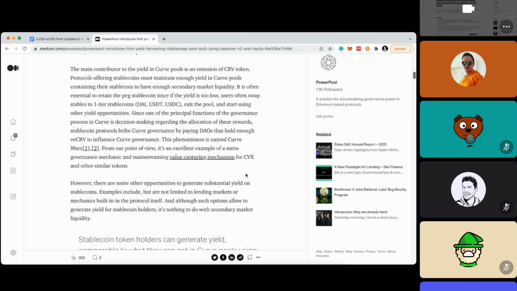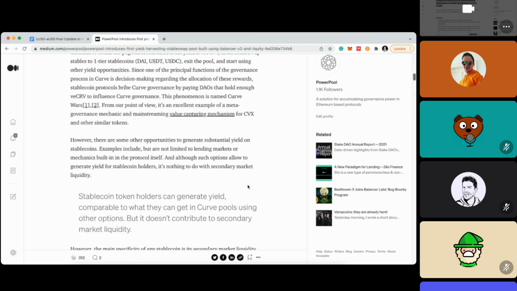And if a stablecoin is not popular, like there are some examples, people will swap the stablecoin into DAI or USDT or USDC and go to another pool to farm bigger yields. So basically everything now for stablecoins depends on CRV rewards, and I think it is not good.